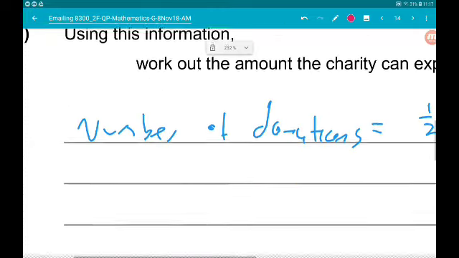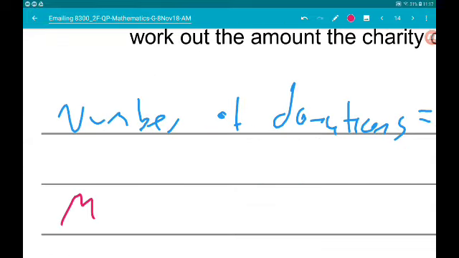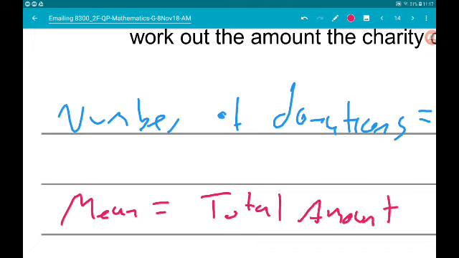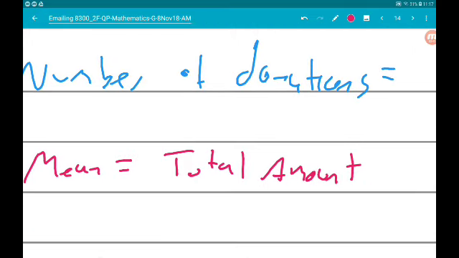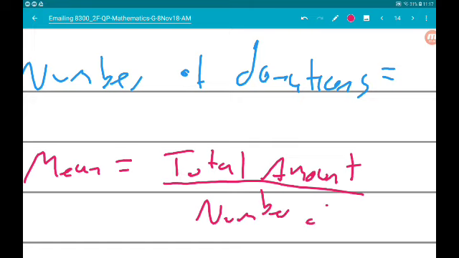So mean here would be the total amount donated divided by the number of donations.